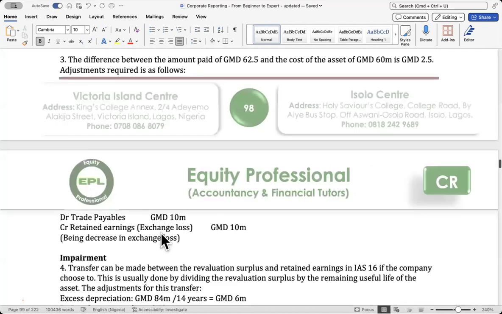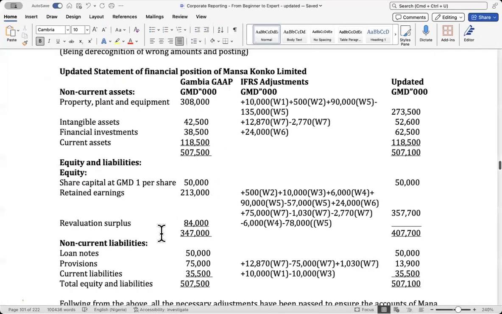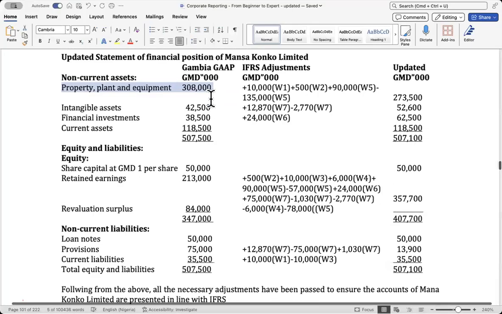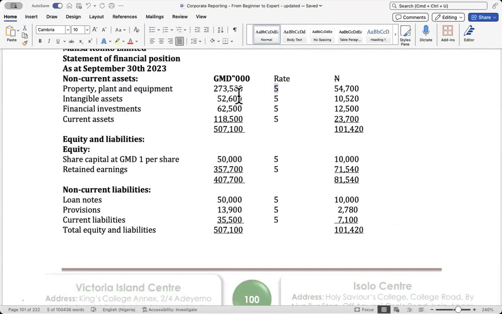I translated everything at the closing rate. Everything. Because some of these PPE were remeasured. So I used closing rates. The intangible assets, since I amortize them at the end of the year, I used closing rates. The financial investment, since it is at fair value, I used closing rates.